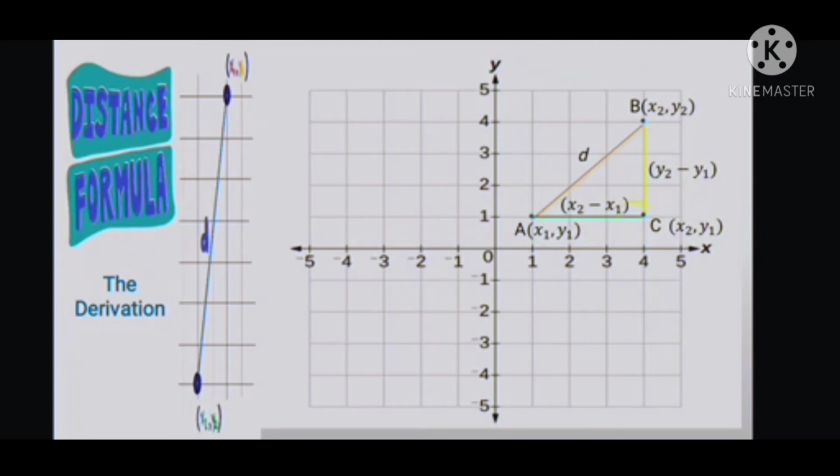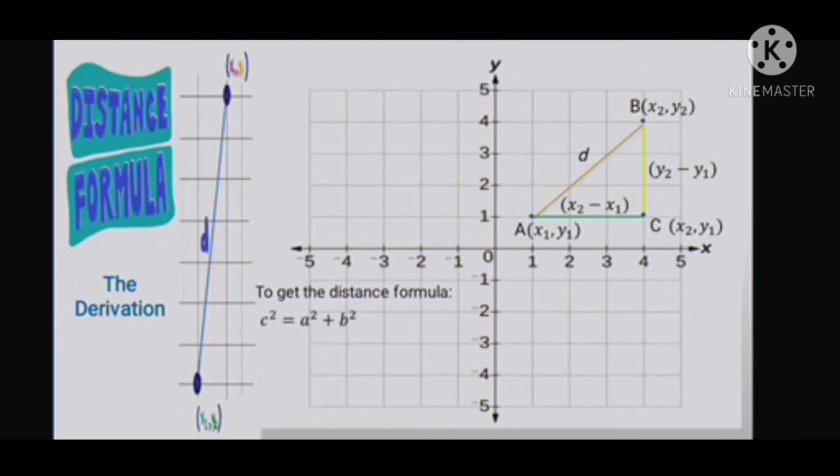Here, this is a perpendicular line. That means 90 degrees. So what figure is being formed? It is a right triangle. So to derive the distance formula, we now have a figure, and we will apply the Pythagorean theorem.